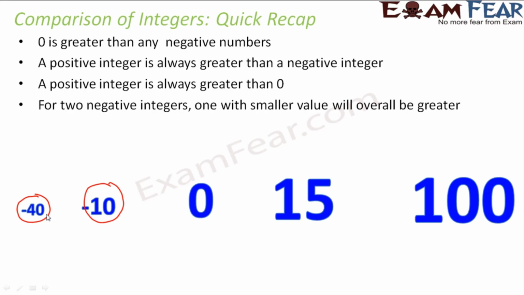So basically when you are comparing two negative integers, the number with the smaller value will overall be the greater number. So out of minus 40 and minus 10, 10 has the smaller value, but overall minus 10 is greater. If you remember these four rules, it's very simple to compare two integers.